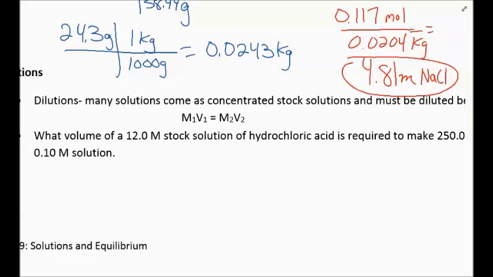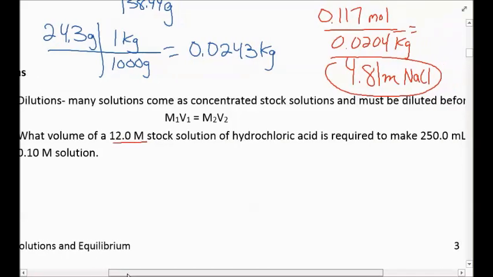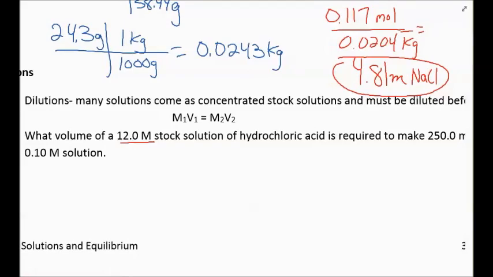It's very similar to our gas laws, except instead of pressure or temperature, we're just dealing with M, which stands for molarity. So we have a 12 molar stock solution of hydrochloric acid. We want to make a 250 milliliter solution of a 0.10 molar concentration. So this value would be my stock solution.